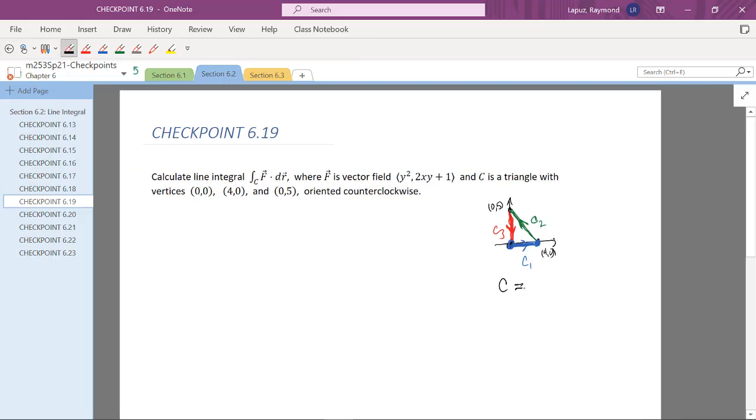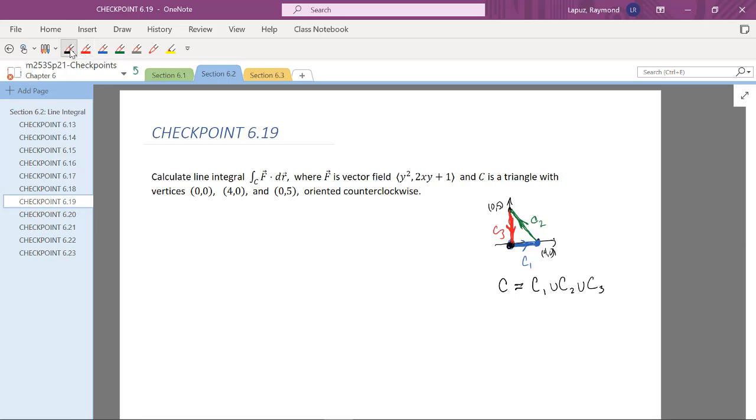And so we can say that the original curve C will be a union of these 3 curves that we just drew. They're actually line segments, but we'll call them curves. Now for each curve, we need to parameterize them.